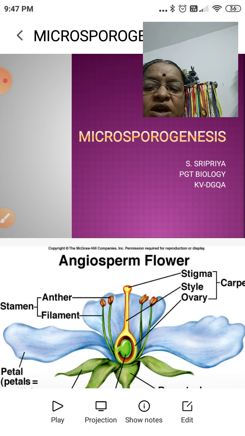The layers that are present are the epidermis, endothecium, middle layer, and tapetum. Epidermis, endothecium, and middle layer are mainly concerned with the protection, whereas the innermost layer called the tapetum is concerned with the nourishing of the pollen grains. And therefore, the cells of the tapetum will be very large in size, will be having dense cytoplasm, and so on.